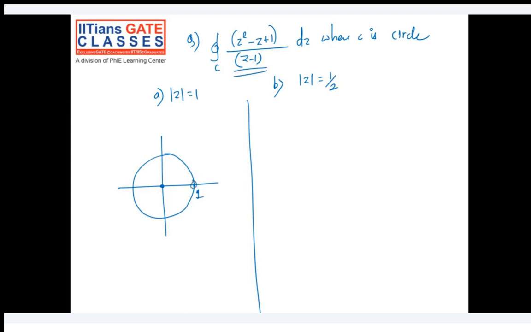Whereas mod of z equal to 1 by 2 is the equation of a circle with radius 0.5, and our singularity point here, z equal to 1, lies outside. With this hint, try to solve the question.